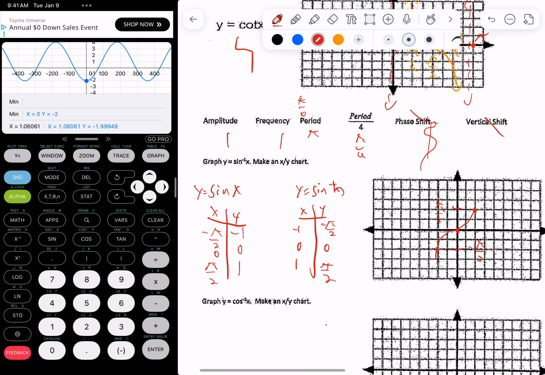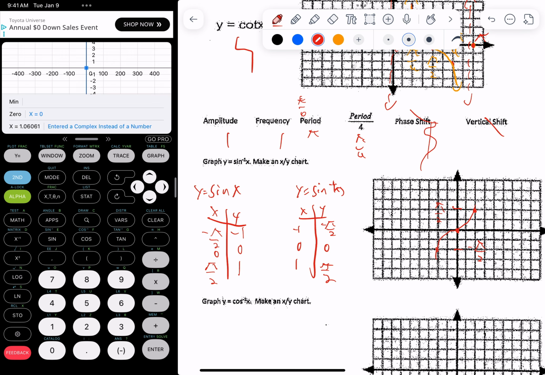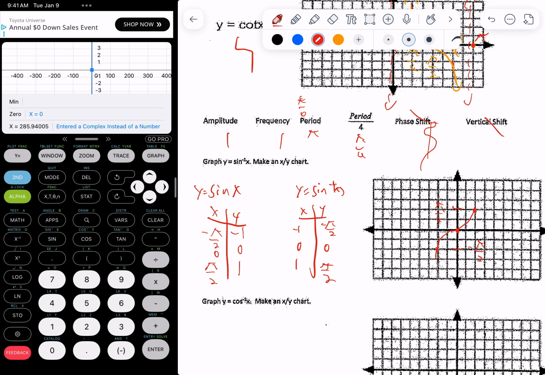Like if we go to y equals sine inverse of x, graph that. Oh, it doesn't work so well. Oh, right, because the calculator doesn't like it. But basically that's how you would do it.